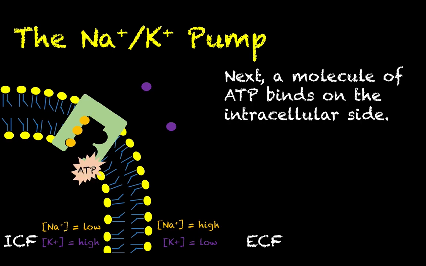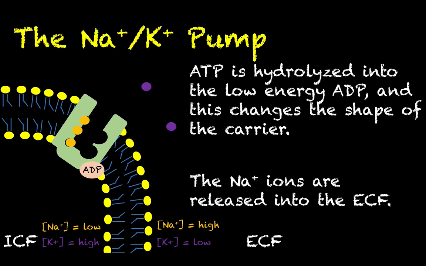Next, this channel has a portion that will bind to ATP, again, a very high energy molecule, and then this ATP will be hydrolyzed into the low energy ADP, and this energy will be used to change the shape of the protein so that now the open portion of the carrier faces towards the extracellular fluid.